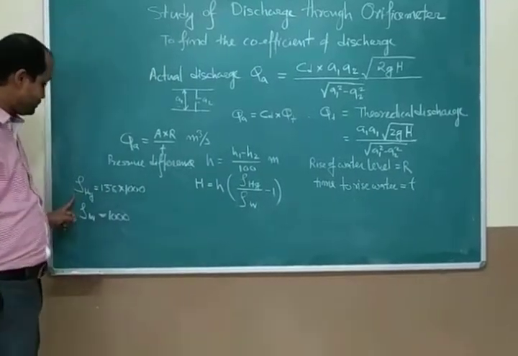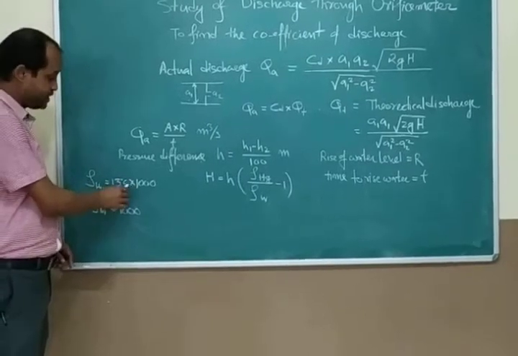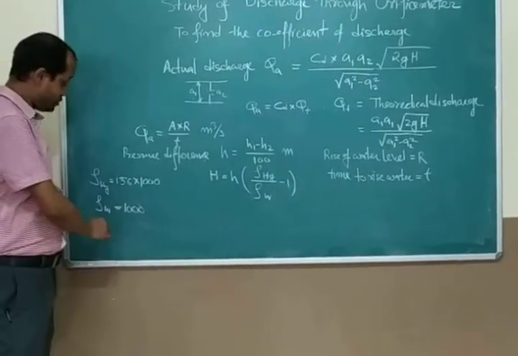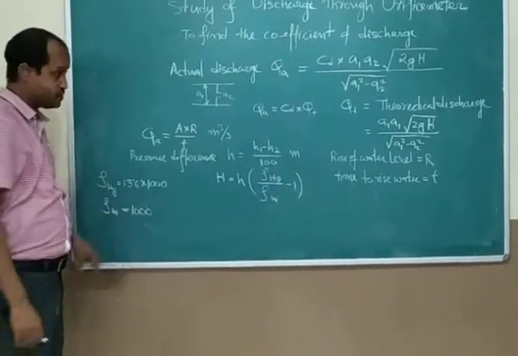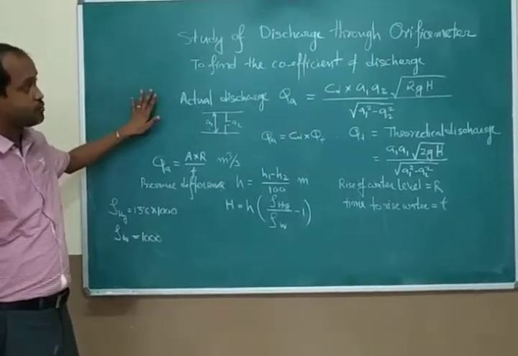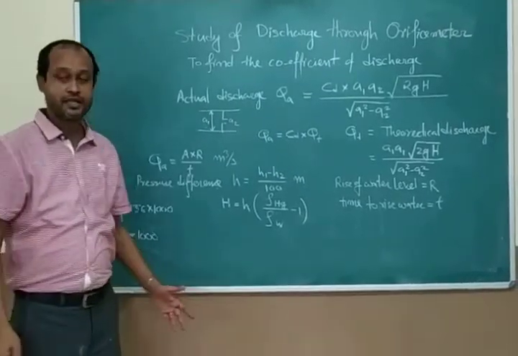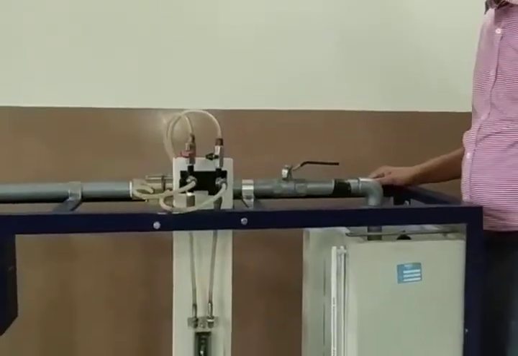Now density of mercury is 13.6, the specific gravity of mercury, into 1000, and as you know, density of water is 1000. From this we have to find out the coefficient of discharge of this orifice meter. So let's start the experiment.